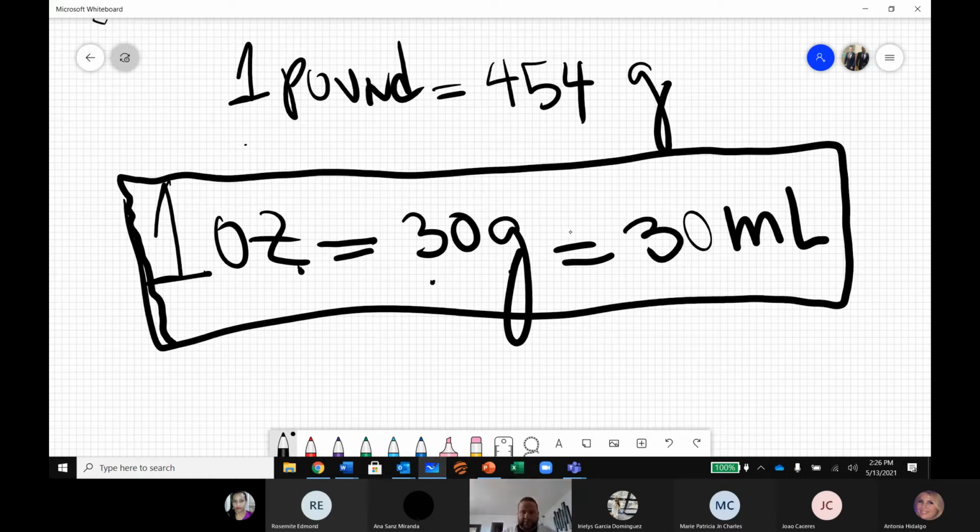Professor, are gram and ml the same? Are they the same value? This is called equivalence. What do you measure in ml? Something which is liquid. Yes or no? Yes. And what do you measure in grams?